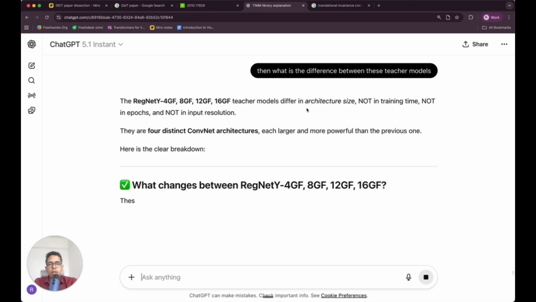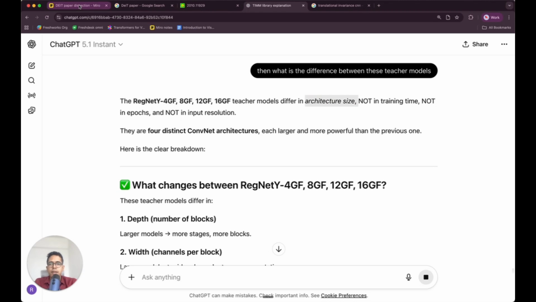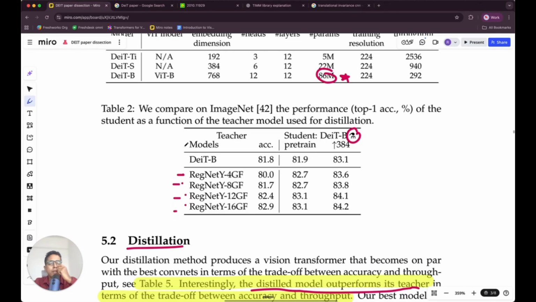Architecture size. Okay, so these are models with different sizes, and because of the size difference, the amount of floating point operations it takes to go through for one image will vary.